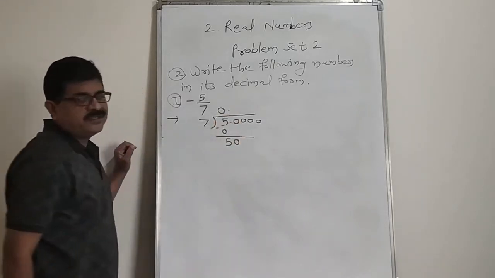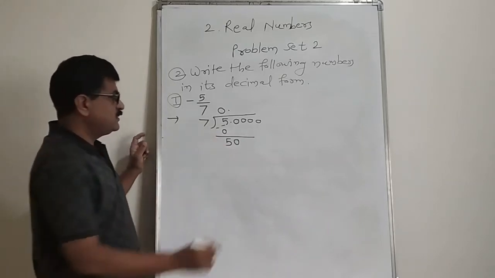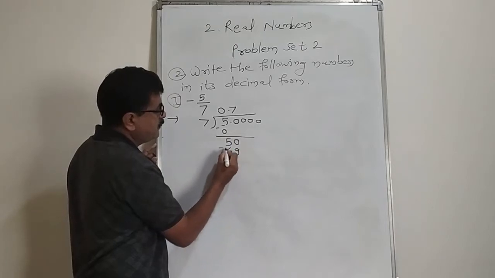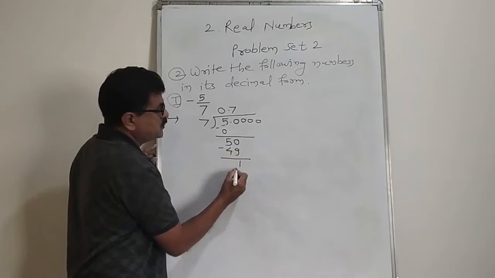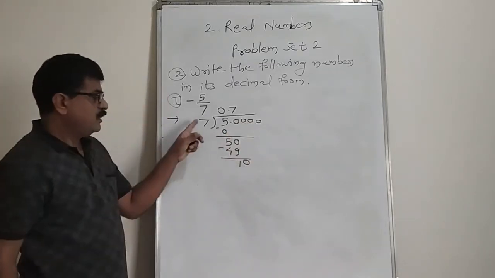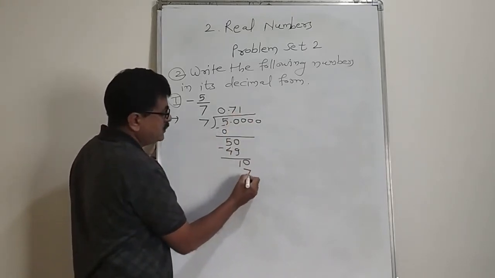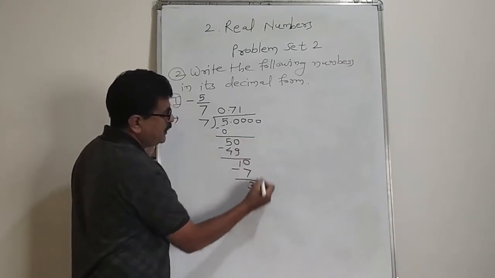Now here give the decimal point. Now dividing by 7, 7 times 7 is 49, here 49, subtraction. 50 minus 49 becomes 1, take another 0. Dividing by 7, 10 minus 7, 3, take another 0.